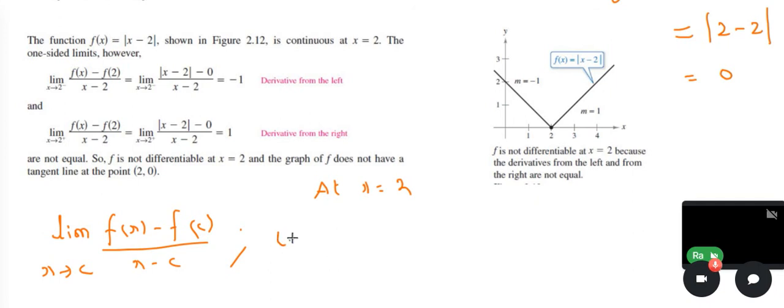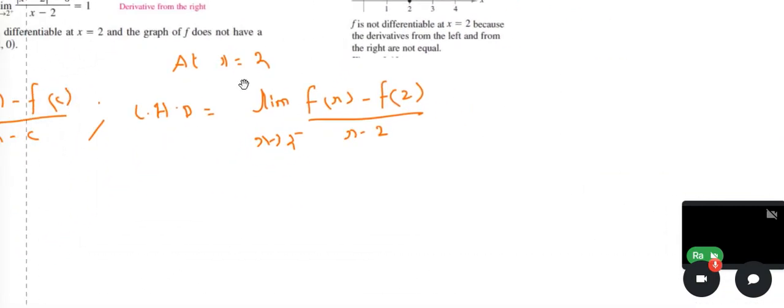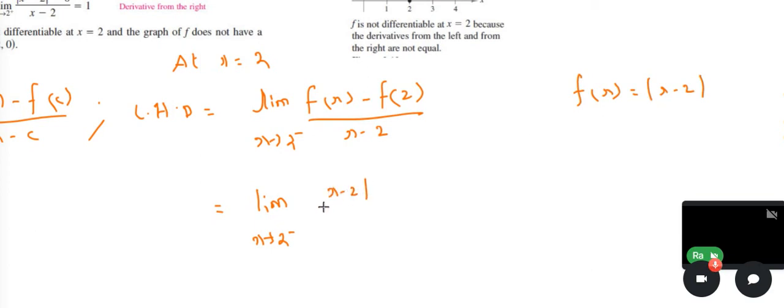So the left hand derivative, LHD, is equal to the limit as x approaches 2 from the left of f of x minus f of 2, divided by x minus 2. Now I'm going to plug in my original function, the absolute value of x minus 2.